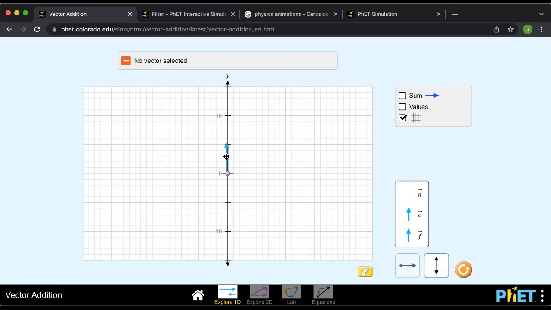So that will be a vector d that points along the y-axis with positive values, and an e vector that points along the y-axis, but with negative values. Okay, that will not be a problem for us. Okay, excellent.